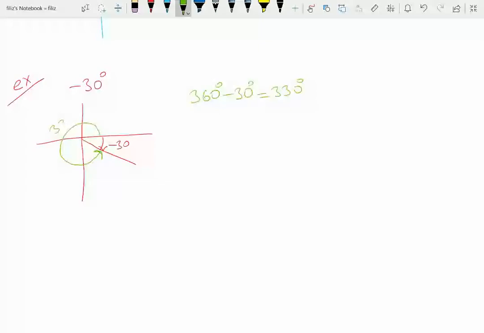This is 330 degrees, which we know on the coordinate plane. We know some values like sine and cosine in the unit circle, so this is why we are doing this kind of thing.